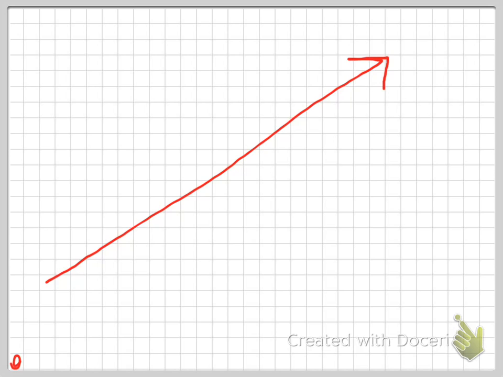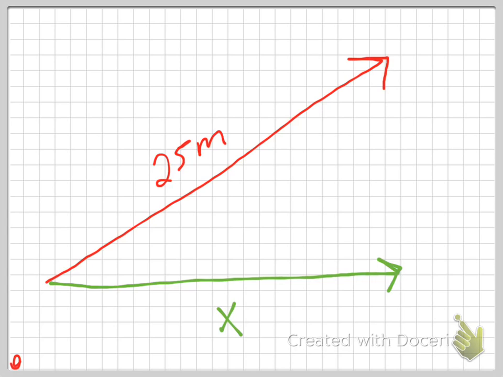So as long as we know the magnitude of that line, so let's say this is motion. Let's say that this is 25 meters. What we're now being asked to do is figure out what part of this is on the x and what part of this is on the y?